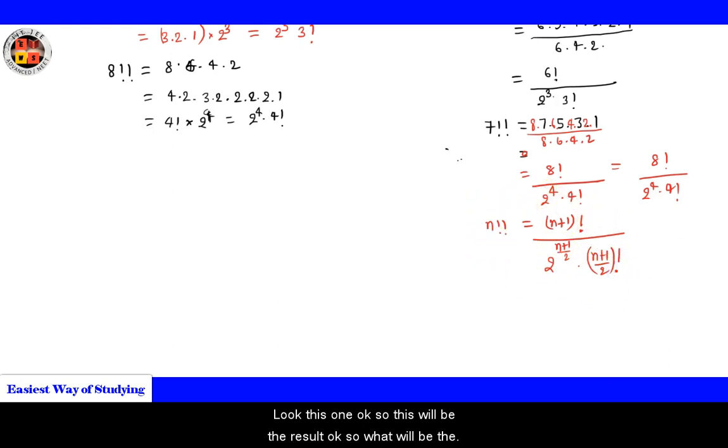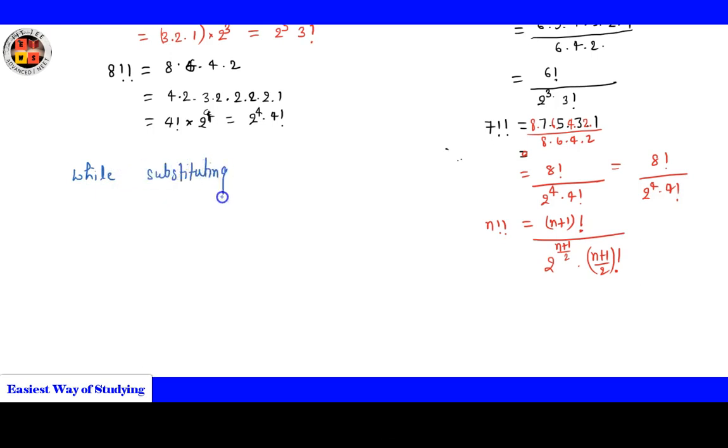So what will be the substitution in this case? We know that n is odd, so n can be written as 2k minus 1.